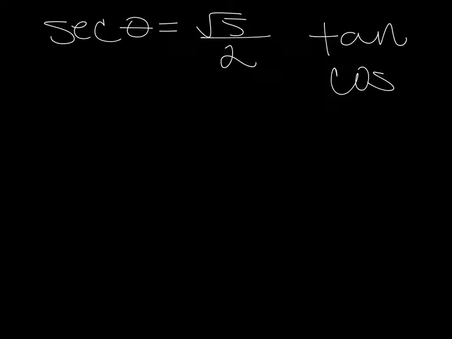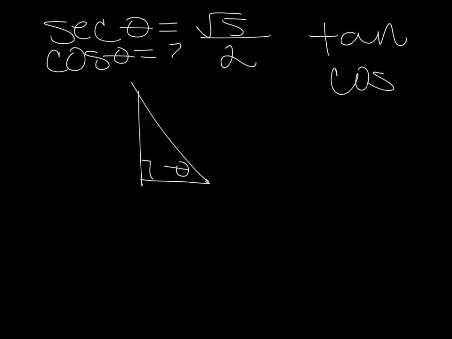Okay, so let's think about what they've given us. They've given us secant. And secant is a reciprocal of cosine, which means that cosine is 2 over square root of 5. And cosine is adjacent over hypotenuse, which means that 2, which is adjacent because it's the top number, is here, and hypotenuse is here.